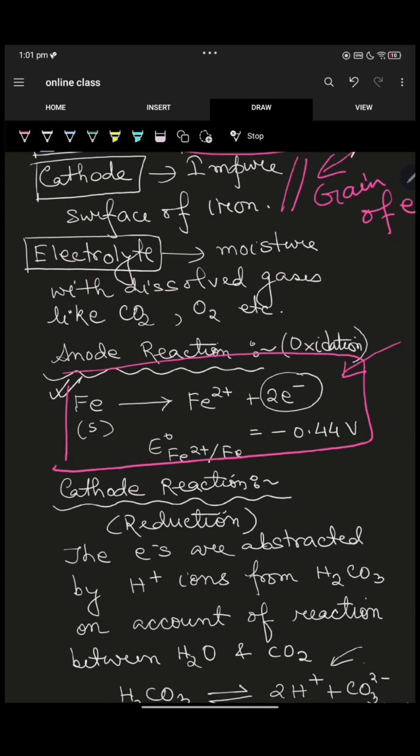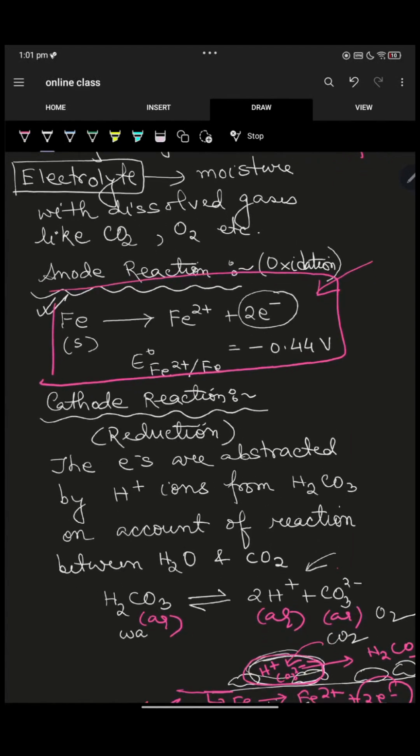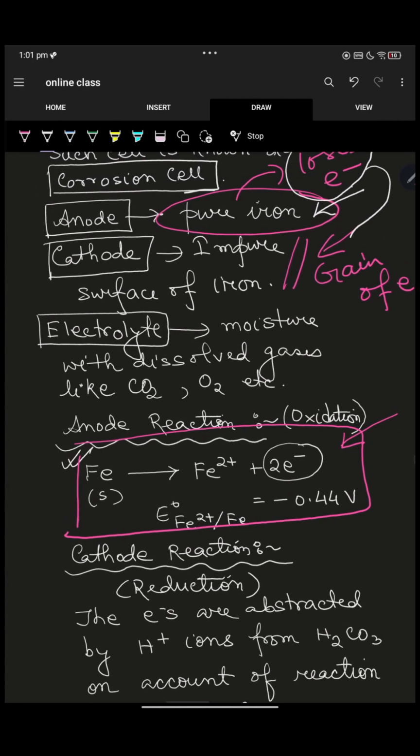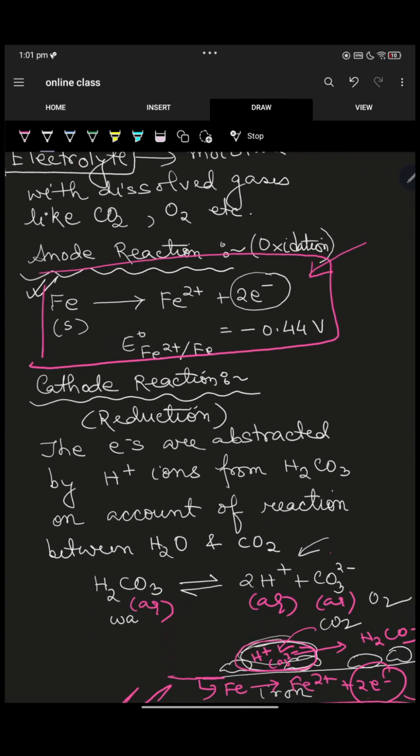And what is the anode reaction taking place? That is the oxidation reaction. Just now we said the pure surface is acting as the anode and undergoes oxidation. So Fe is undergoing oxidation to produce Fe2+ with a reduction potential of -0.44 volt.